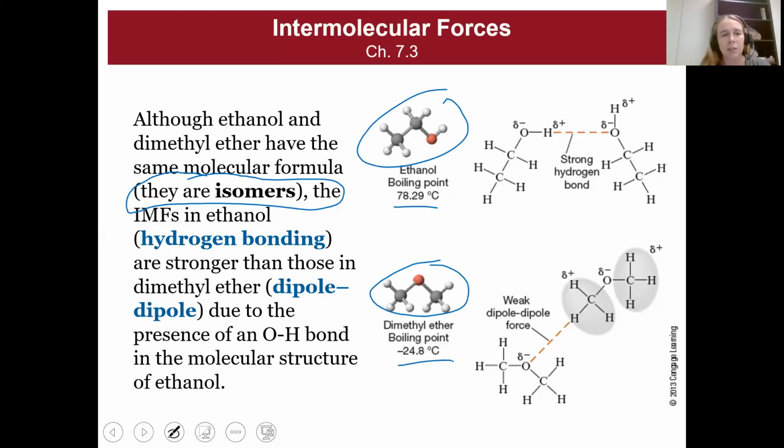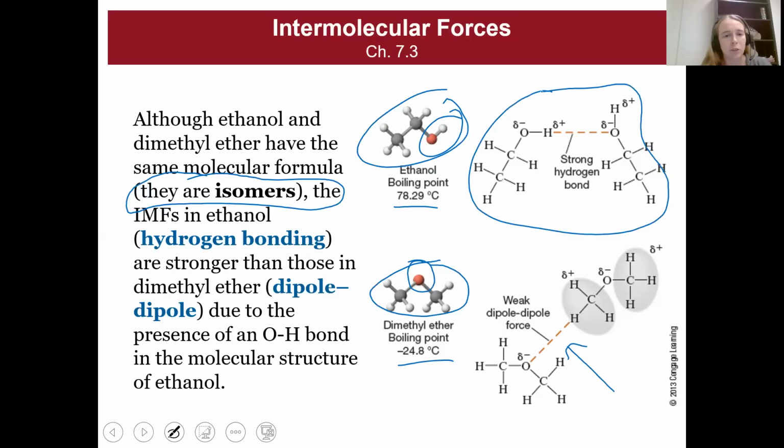And that's because we have hydrogen bonding. We have an OH bond, so we have hydrogen bonding in ethanol, and we don't in dimethyl ether. It's only got an oxygen. It's got oxygen-carbon bonds, which means it can't hydrogen bond with other molecules of itself. It can only have these dipole-dipole forces instead of a beautiful, strong hydrogen bond.